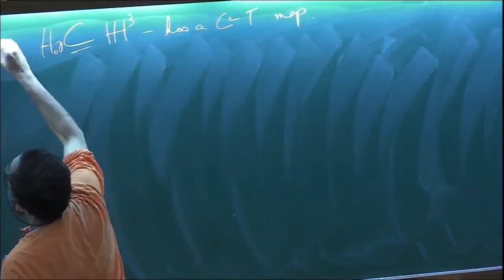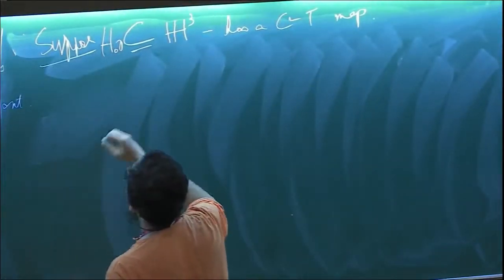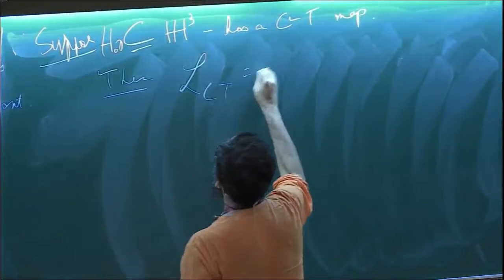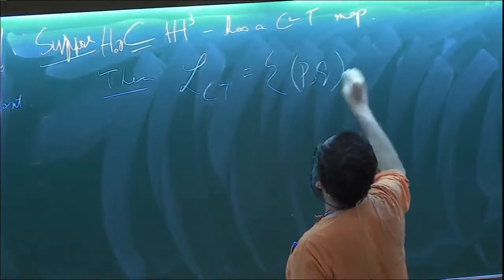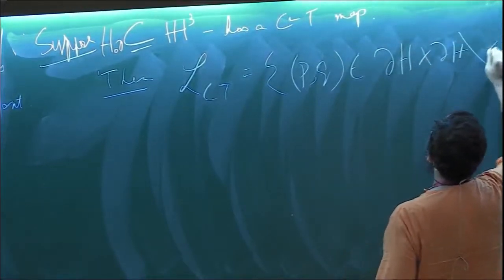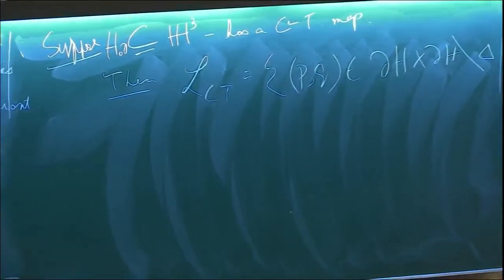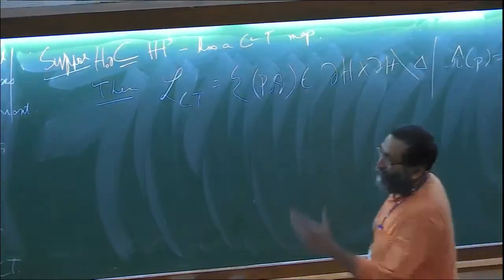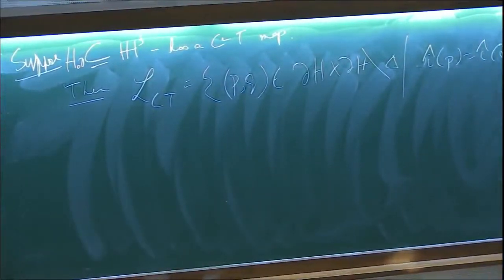Suppose, then LCT is equal to the set of P comma Q belonging to boundary H cross boundary H minus the diagonal delta, such that I hat P is equal to I hat Q. So it's pairs of points. So suppose there exists a Cannon-Thurston map. Then this Cannon-Thurston lamination is pairs of points on the boundary which get identified under the Cannon-Thurston map, so point preimages when the point preimage has more than one point.